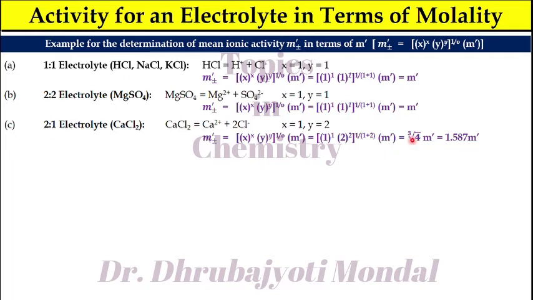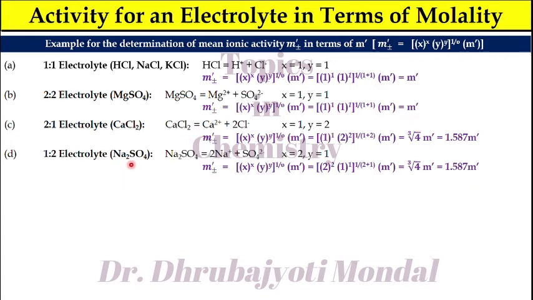So that is equal to cube root of 4 into m', that is equal to 1.587 m'. So for 2:1 electrolyte, the mean ionic molality is not equal to the molality of that electrolyte. In that case, m'± equal to 1.587 m'. Now consider 1:2 electrolyte Na2SO4.